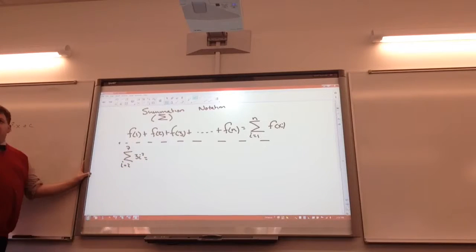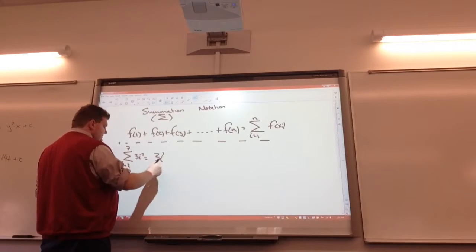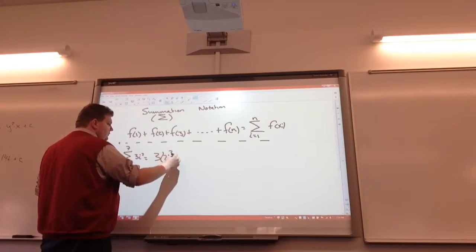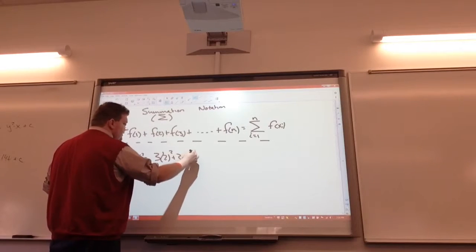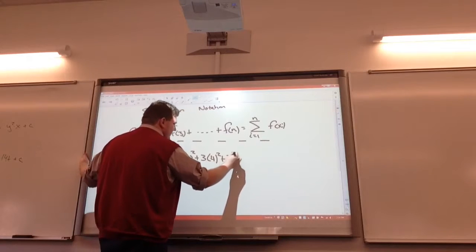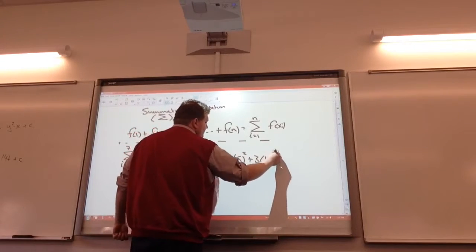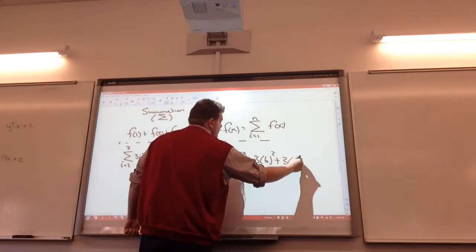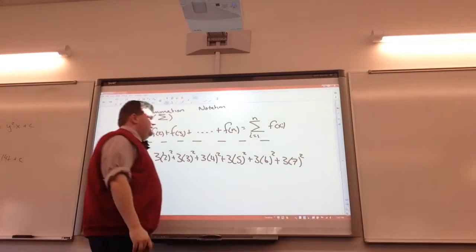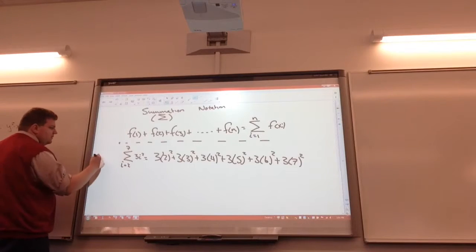If I'm writing out what this sum is by hand, it's just going to be 3 times 2 squared plus 3 times 3 squared plus 3 times 4 squared plus 3 times 5 squared plus 3 times 6 squared, finally plus 3 times 7 squared. That's all the summation notation means, okay? So everyone got that? This is just an example of how this works out, okay?